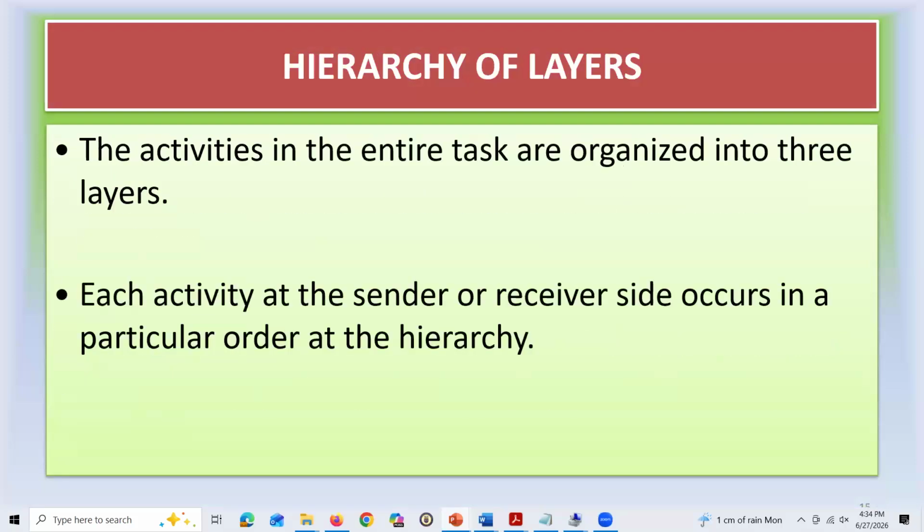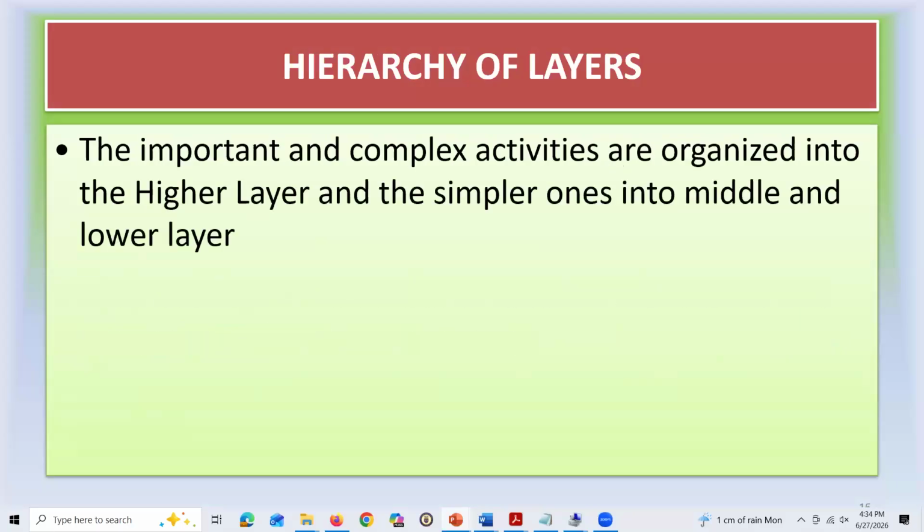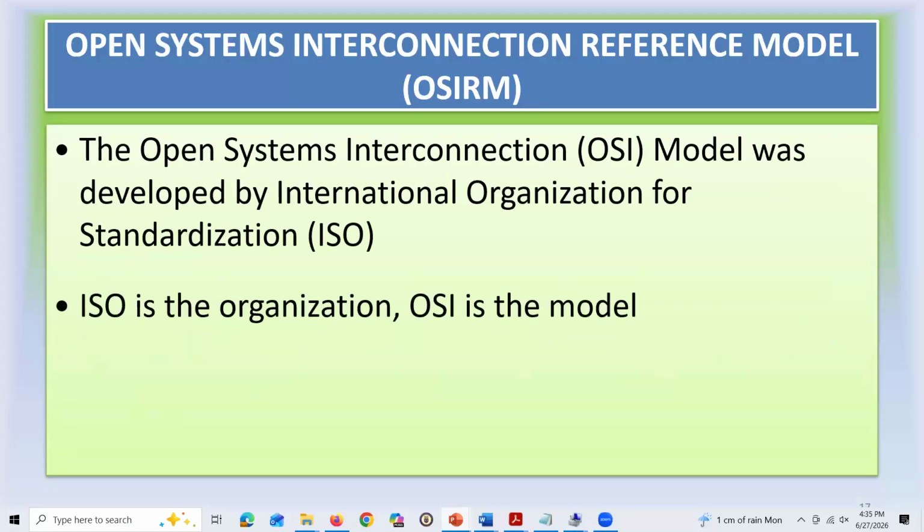Now, when we come through the hierarchy, we come to the OSI model. These are layers that define how the data should be transmitted. It is made up of 7 layers. Each of them is responsible for preparing the message for transmission, and also at the receiving end, preparing the message and making it available for the user to receive.